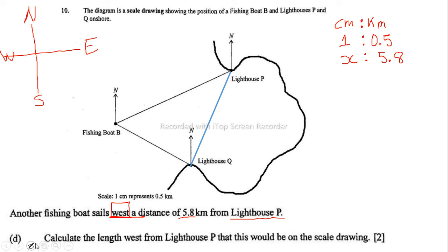And so here, we know we have to cross multiply. We have 1 times 5.8, which is simply 5.8, and we have x times 0.5, which is 0.5x.